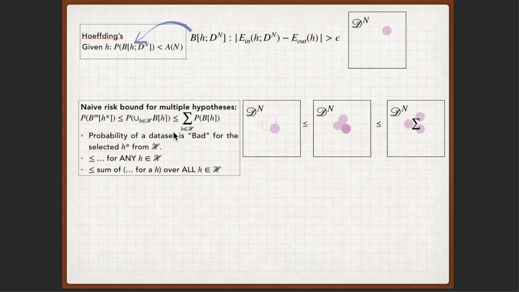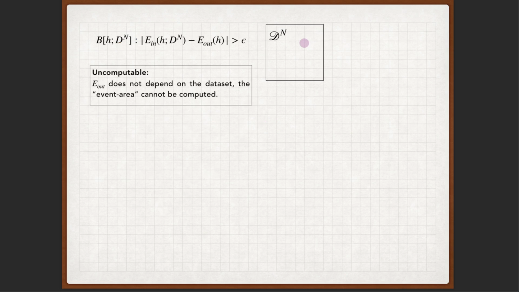This intuitive bound works only for maybe the most simplistic scenarios. It does not work generally. We will immediately encounter practical problems. For one thing, the bad event itself is described by the fact that a hypothesis differs from the out-of-sample error when evaluated in the training set, exceeding some threshold, some tolerance.